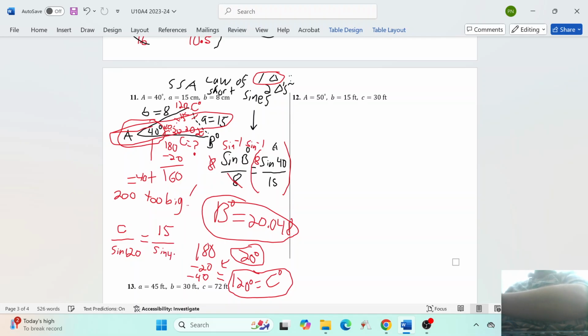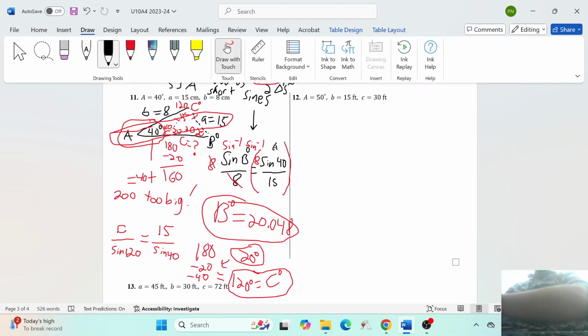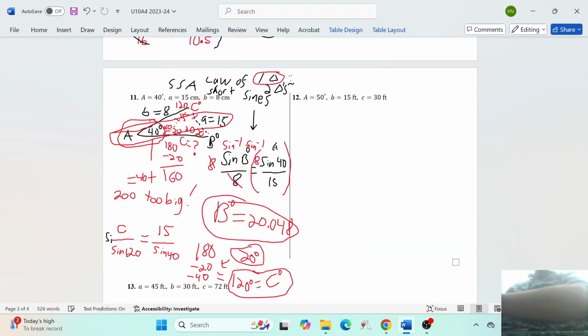Now you're going to solve for little c by multiplying by sine 120 over to the other side, like that. So multiplying that over to the other side.